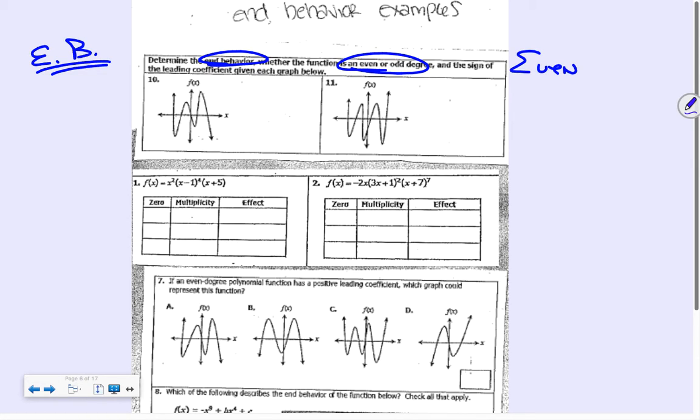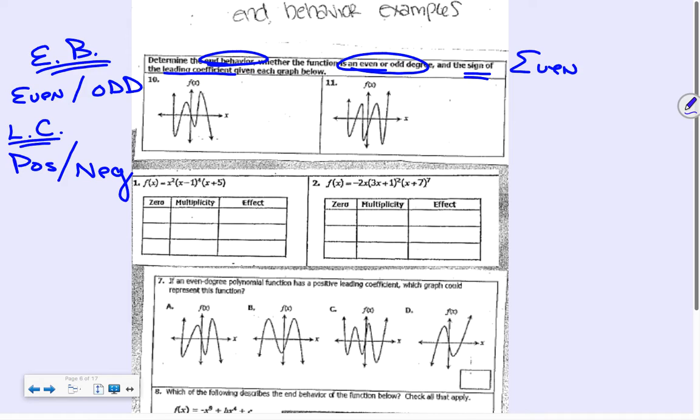Even slash odd, okay? And then they want you to give me the sign of the leading coefficient. So I'm going to put LC, leading coefficient. Is it positive or is it negative?